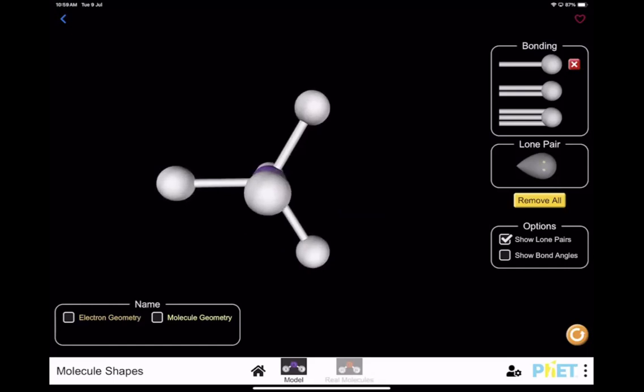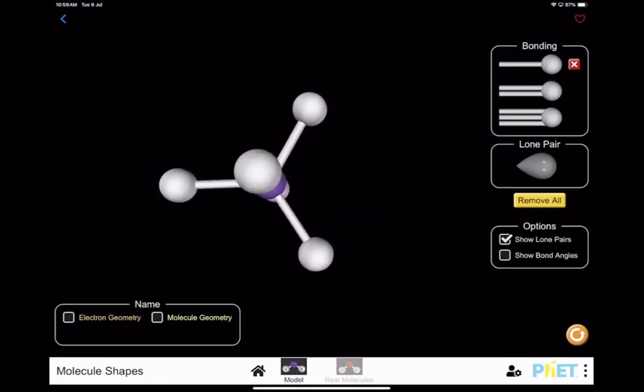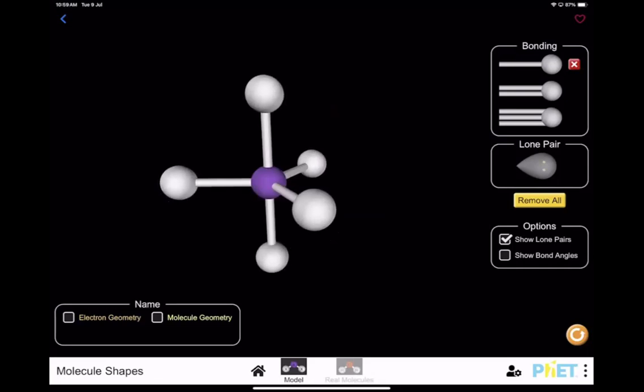Yes, sir. Now the bond which is coming towards you and the bonds that make the trigonal planar, what would be the bond angle between these? They are opposite, so 180. No, those are 180, but I'm talking about the 3 in the middle and the 1 on the top.